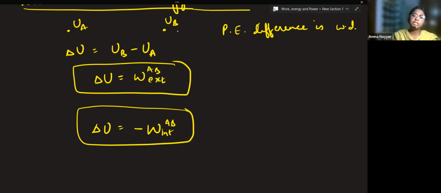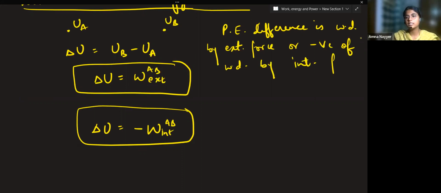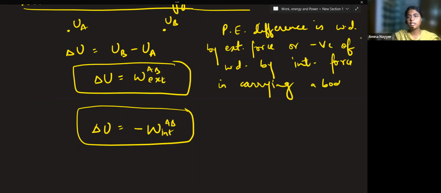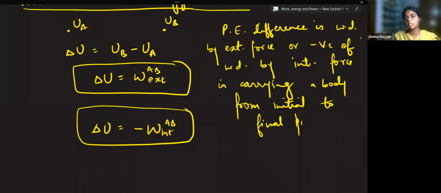Potential energy difference is work done by external force or negative of work done by internal force, either directly positive external or negative of internal, in carrying a body from initial to final position. Any two initial and final position.